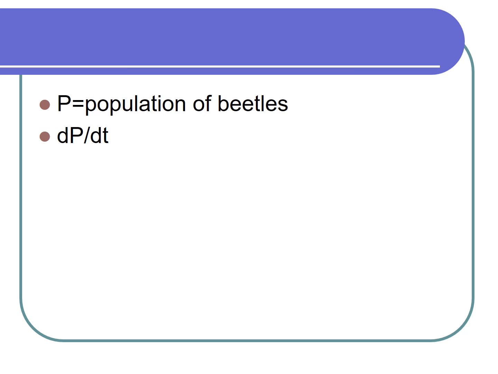So what might that be? Well, one possibility would be dP/dt is equal to 10. So if t is in months, that means the population of beetles will grow by 10 beetles every month, whether there are 500 beetles on that island, or 10,000 beetles, or 50,000 beetles on that island.